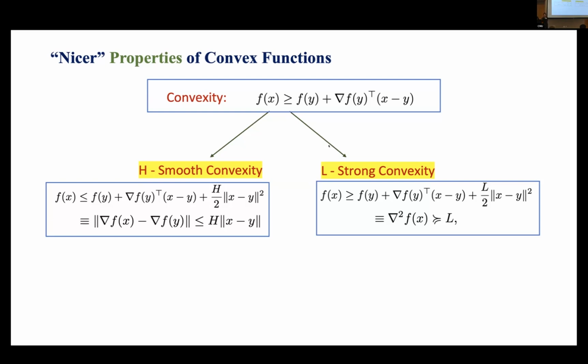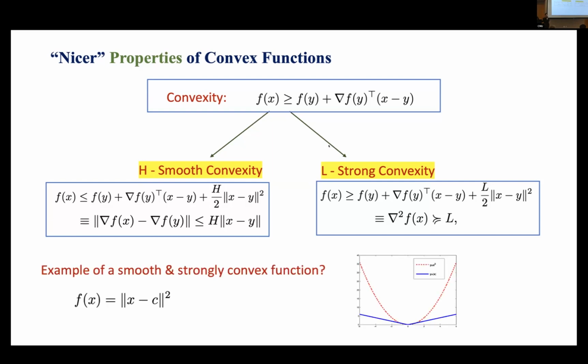There are various properties of convex functions that have been studied in the literature. If someone is interested, you can go through Bubeck's tutorial, Bubeck's book, or Hazan's online optimization book. Those are very useful references. One example of a function which is simultaneously smooth and strongly convex is just the L2 loss. The H and L, both of them, are equal to 1 for this function.